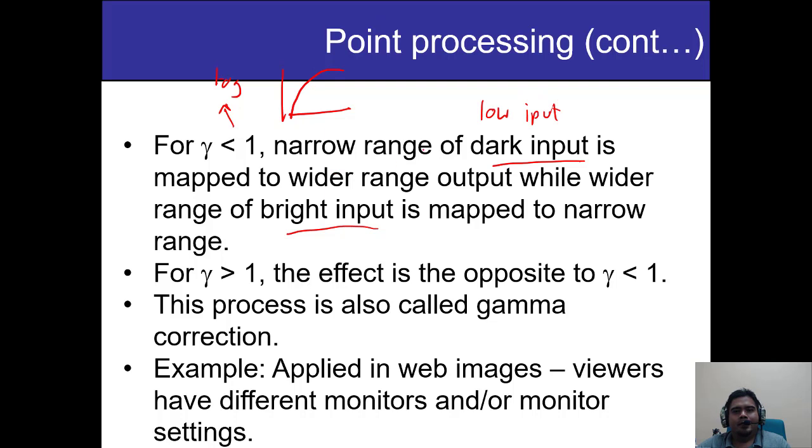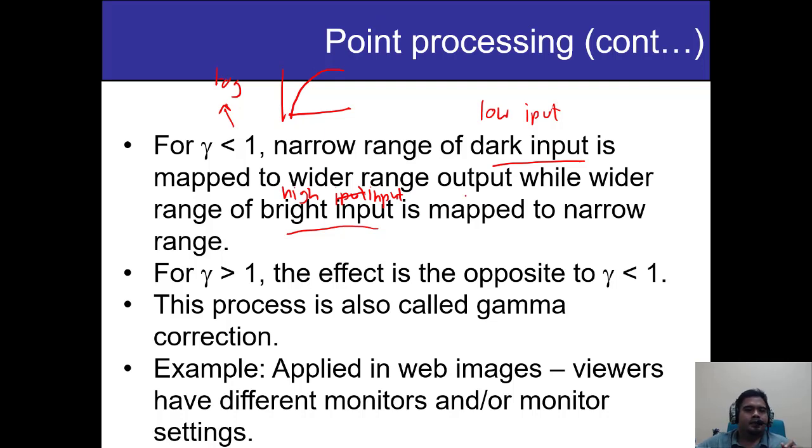So a narrow range of low input is mapped to a wide range of output, while a wider range of bright input, which I can also call high input, is mapped into a narrow range.